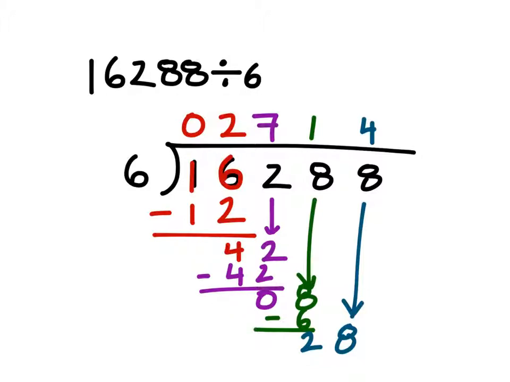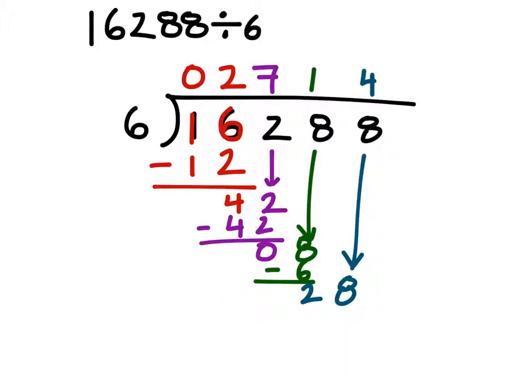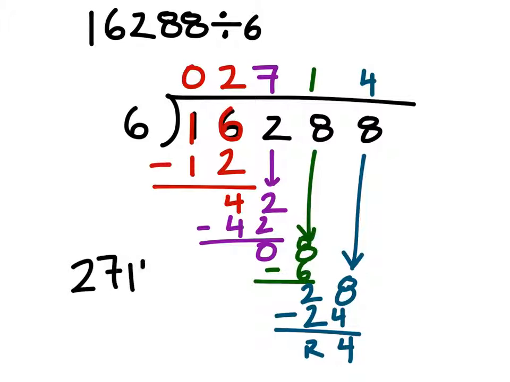Now, from here, 6 times 4 is 24. So when I subtract this, I get 4 remaining. So the final answer there would be 2,714, but we still had a remainder of 4.